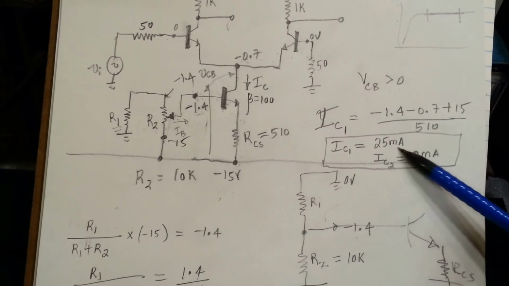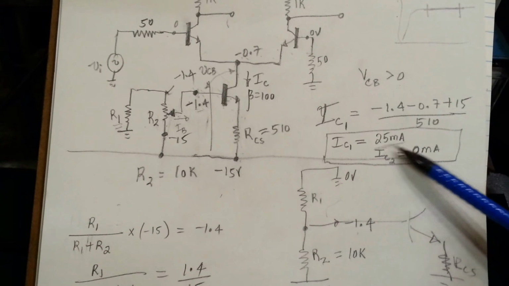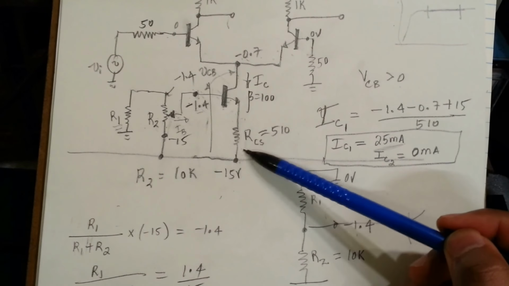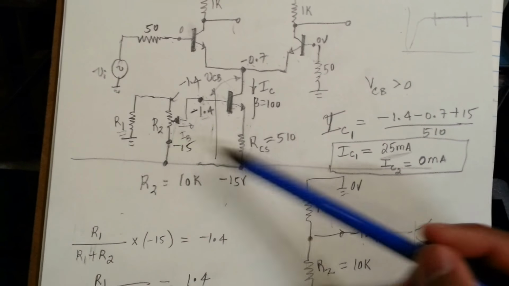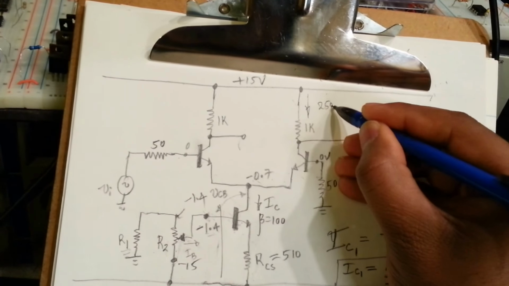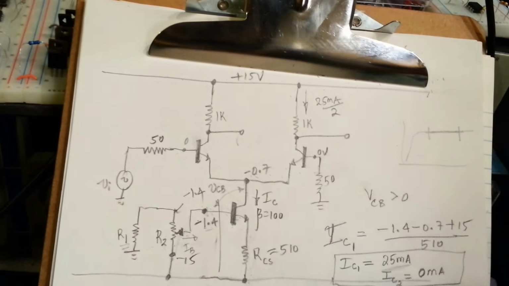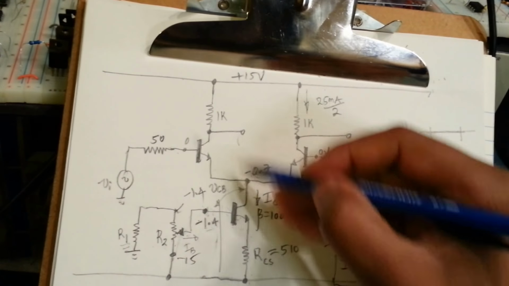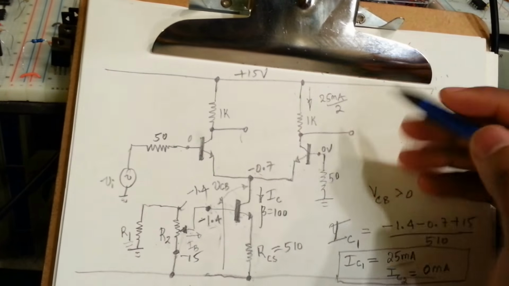So as you can see, the current is a lot, 25 milliamps if we select 510. 25 milliamps coming through here means 25 milliamps divided by 2 is flowing through each side, right? Because each will be sinking a similar amount.